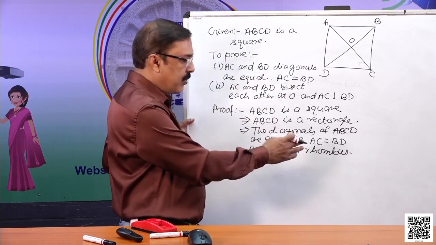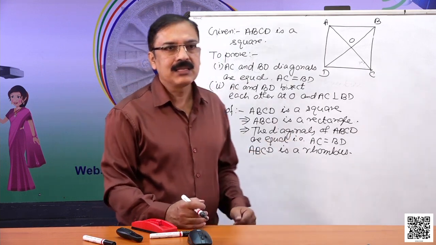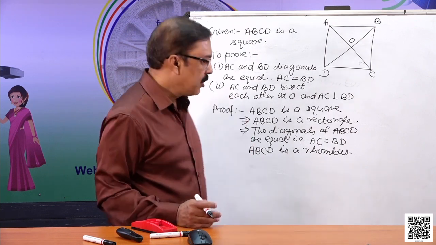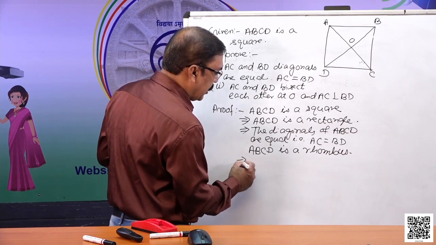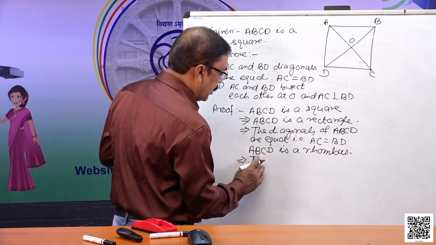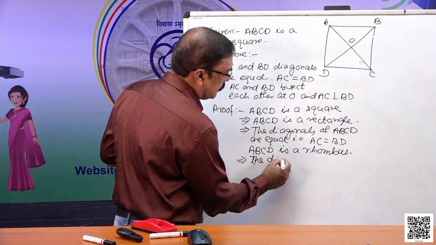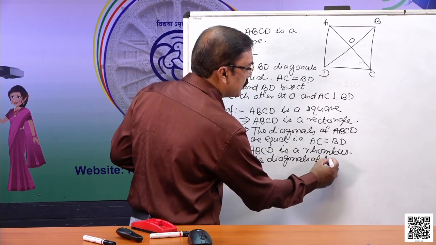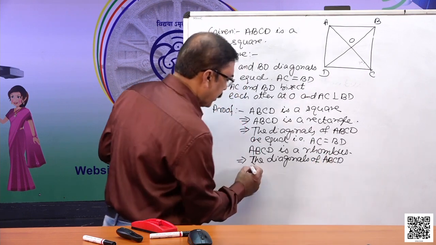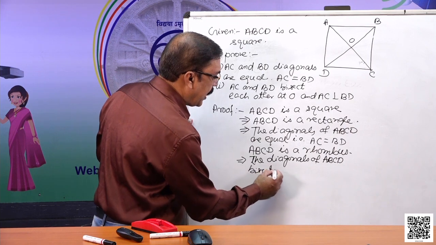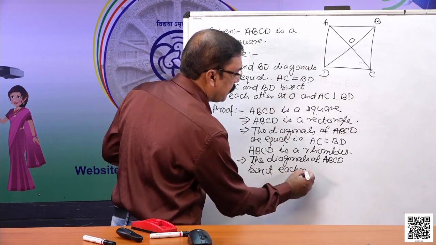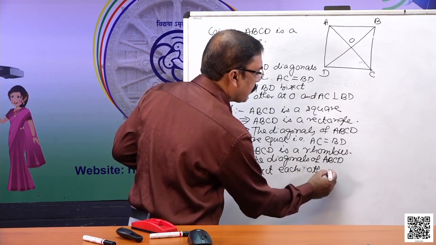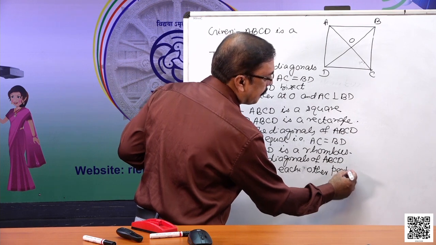As ABCD is a rhombus, and we know the diagonals of a rhombus bisect each other perpendicularly, we can simply write that the diagonals of ABCD bisect each other perpendicularly.